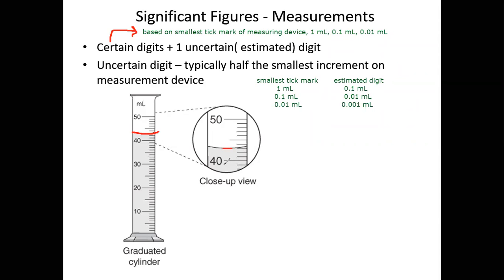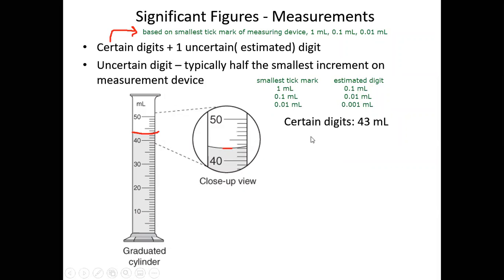And so from this, if we look at the close-up, we see that we know for certain that the volume of water is 40, 41, 42, 43. So our certain digits is 43. And you'll see the smallest certain digit is the ones place. So that tells us our estimated digit should be in the 0.1 or the tenths place.